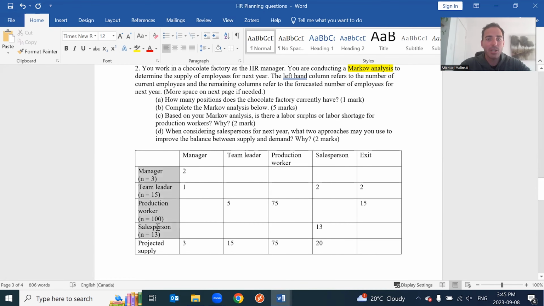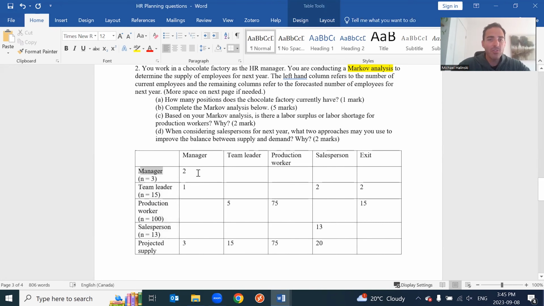So the left-hand column indicates the number of... each one of these rows represents a different job. A manager is a job, a team leader is a job, a production worker is a job, a salesperson, they are all jobs. The N refers to the number of positions.